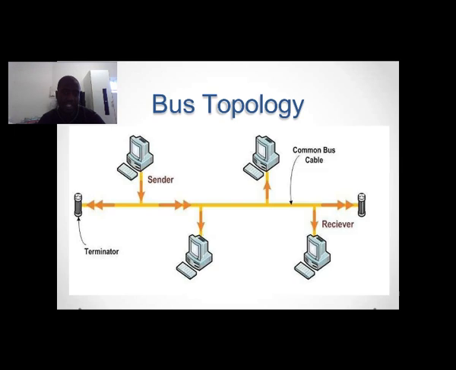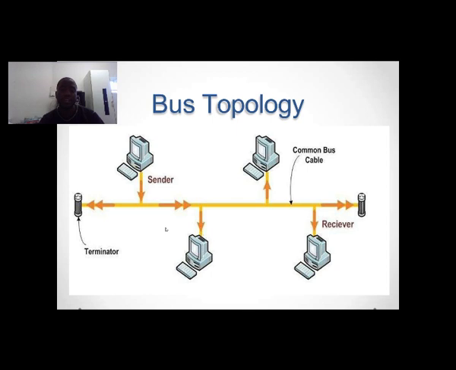So when this computer wants to send data to this computer, it has to communicate with this main cable. The main cable is doing the transmission, and then the drop line will deliver the final information to the intended computer. So if the message is intended for this computer, it will not be received by this computer, and it will not be received by this one either.